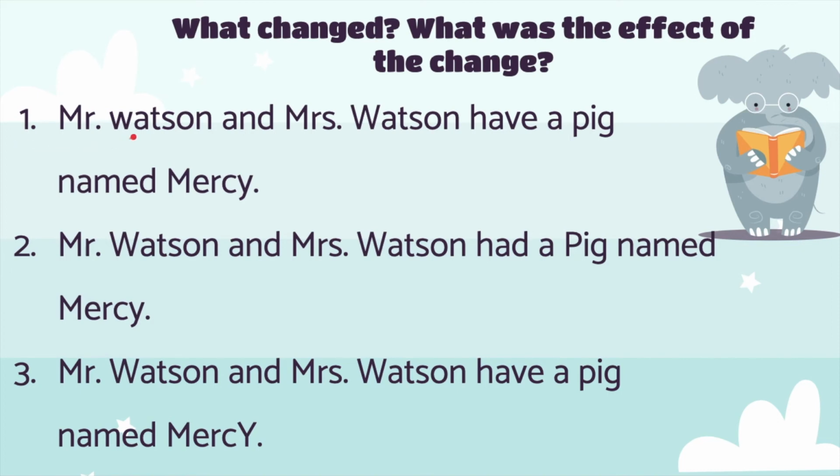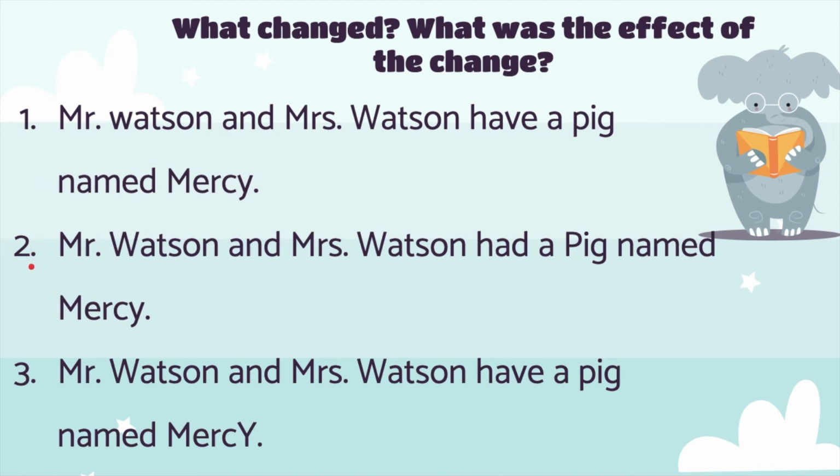So the change that I see is that Watson is now starting with a lowercase w. And when we don't capitalize a name, it's not a name. And I want you all to remember that your name is very important because you are an important person. So we always have to capitalize names. Let's go ahead and hop into number 2.